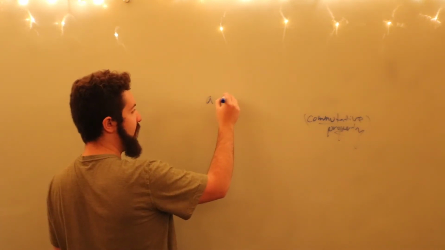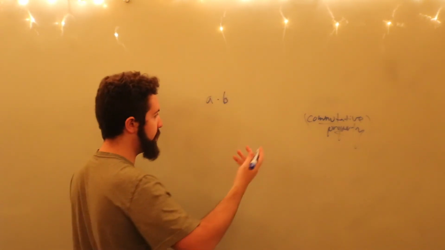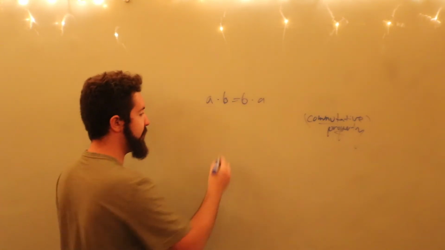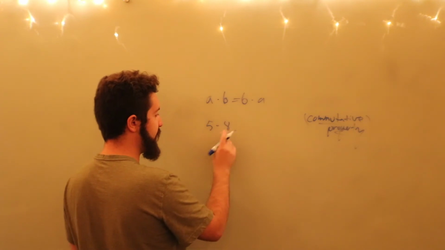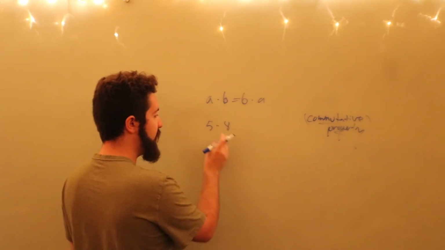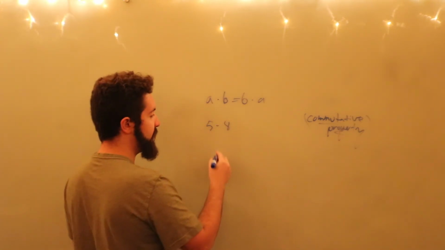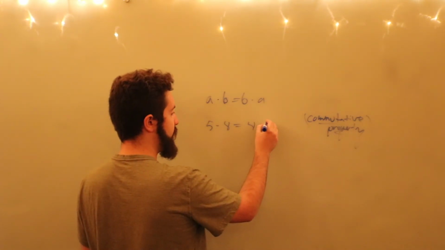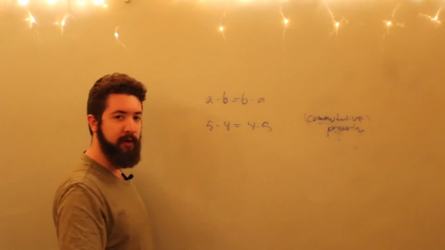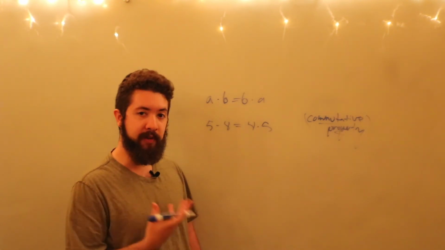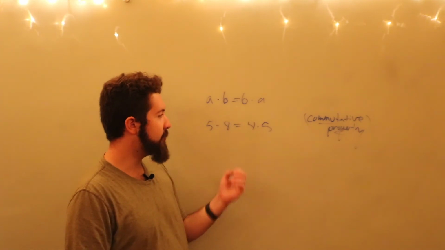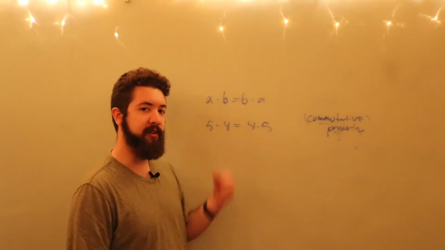So a times b, if we have two numbers a and b, a times b is usually equal to b times a. For instance, 5 times 4, 5 groups of 4 objects, is 20 objects, which is the same as 4 groups of 5 objects, right? Which is also 20 objects, if that's the way you want to think about multiplication. So we also have this sort of symmetry thing going on with multiplication.